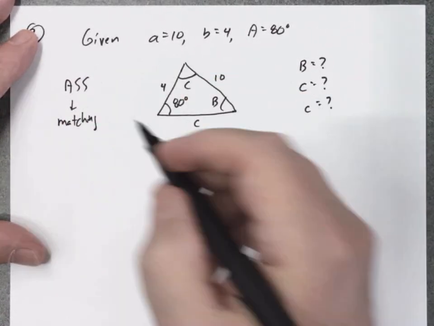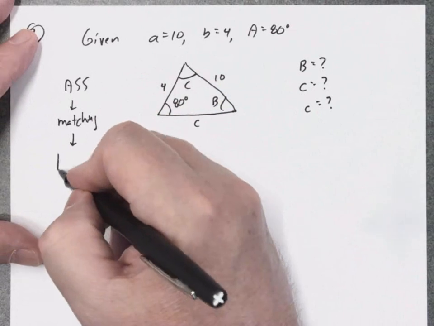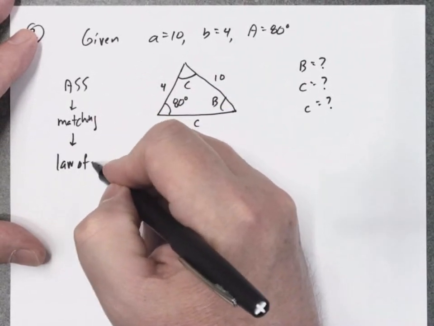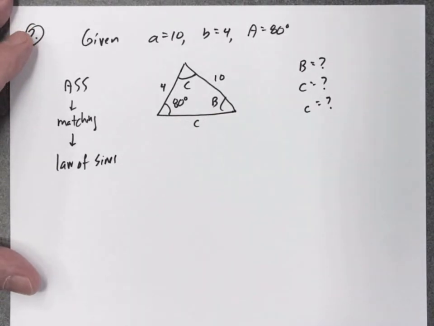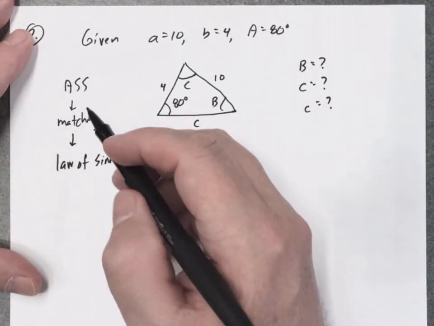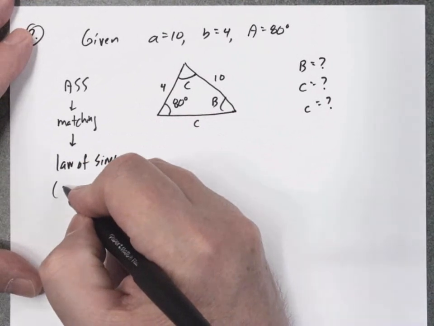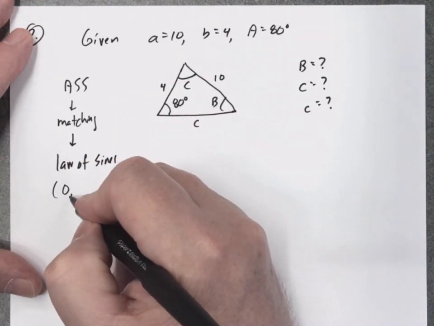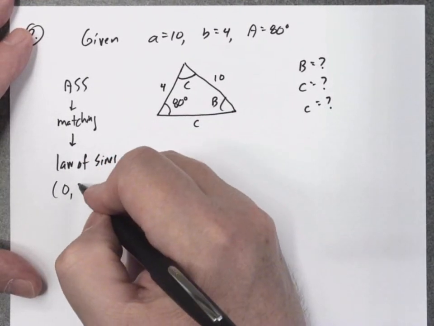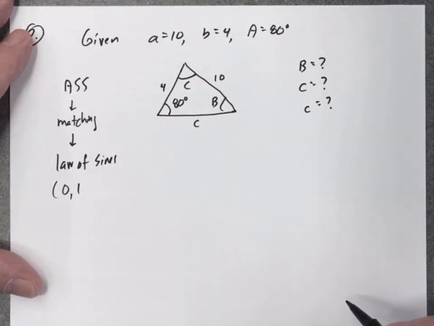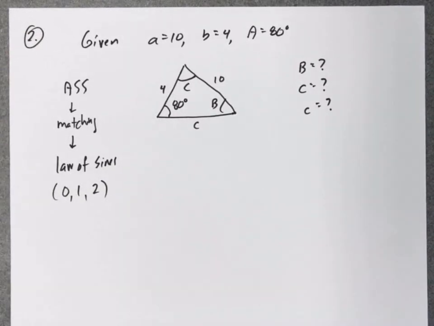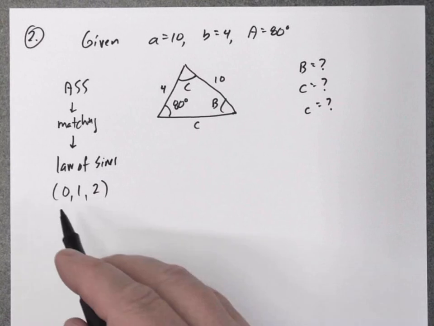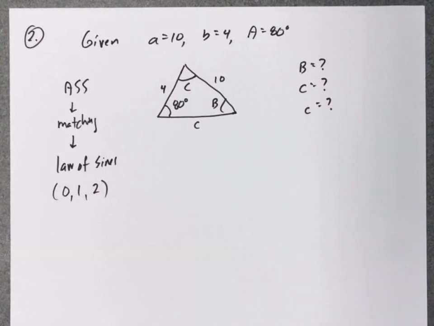And for the matching case of angle side side, we're going to have to use law of sines. And remember, with angle side side matching, there can be no solution, which means 0 solutions, there can be one triangle that works, or there can be 2 triangles. So this is the case where it can involve a lot of work, and you don't know what you're going to have until you start working the problem.